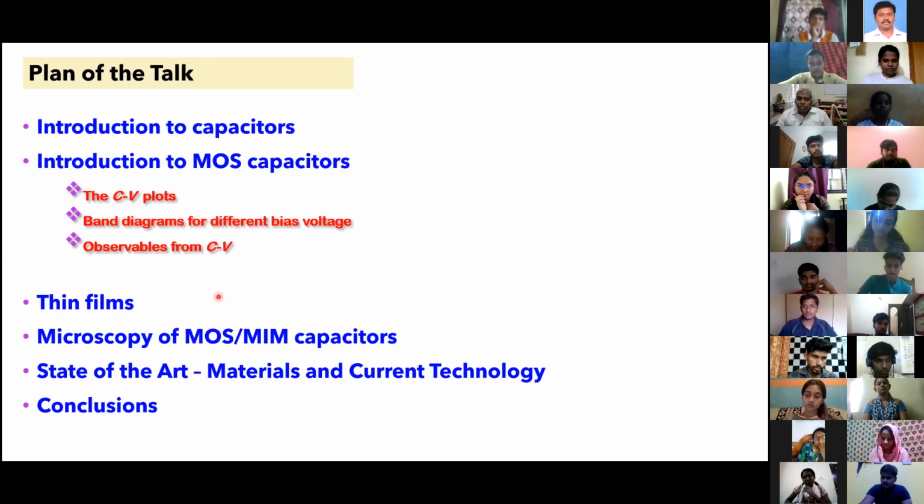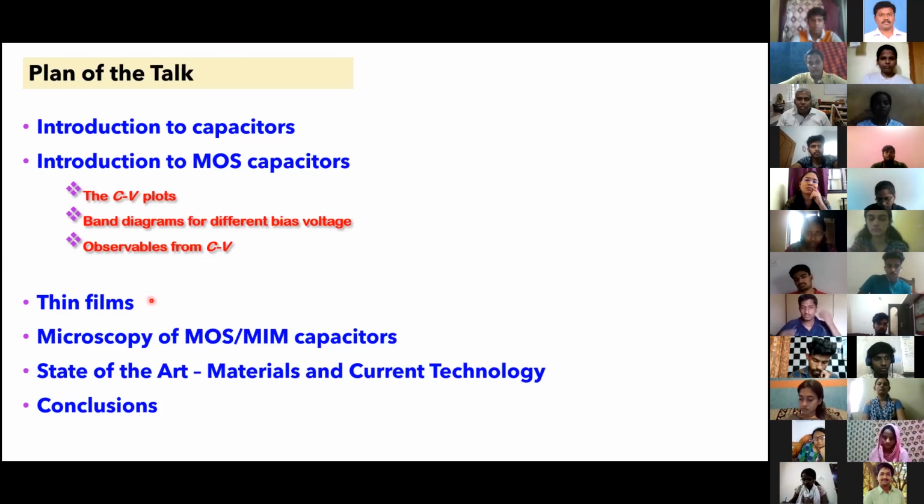So thin film technology is important to be known to understand the fabrication of MOS capacitors. So I will slightly touch this part, the thin film part also, and some techniques to deposit the thin films also I will explain.